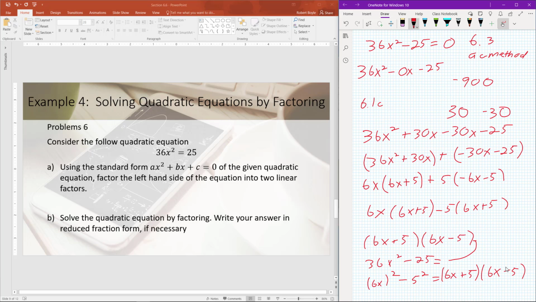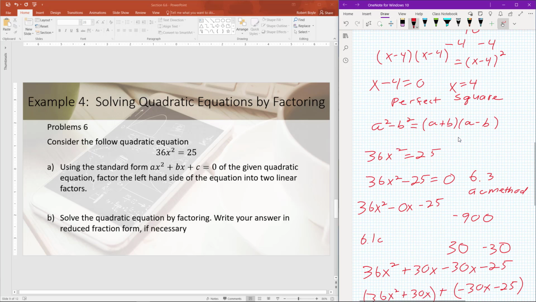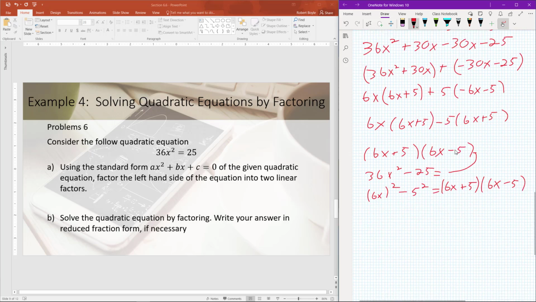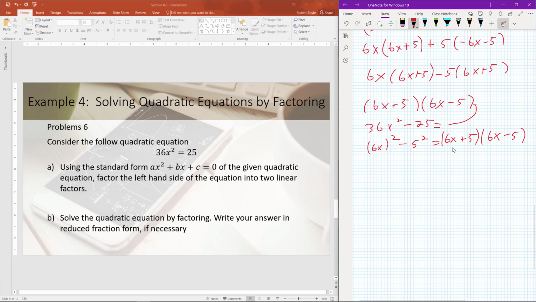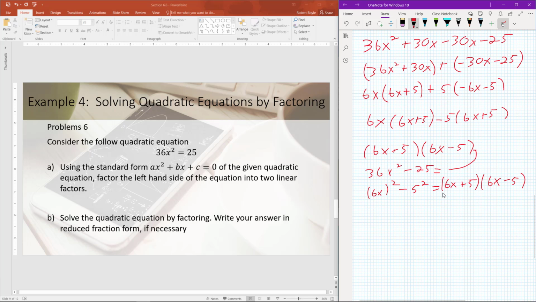So really, this is nothing more than an illustration of this identity that I was talking about before, which is actually very useful when you encounter it. It makes factoring a lot easier. Okay, so right here is the answer to part A.